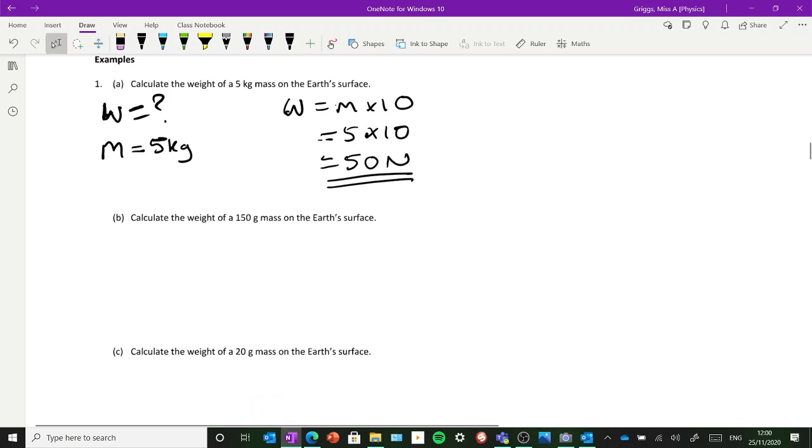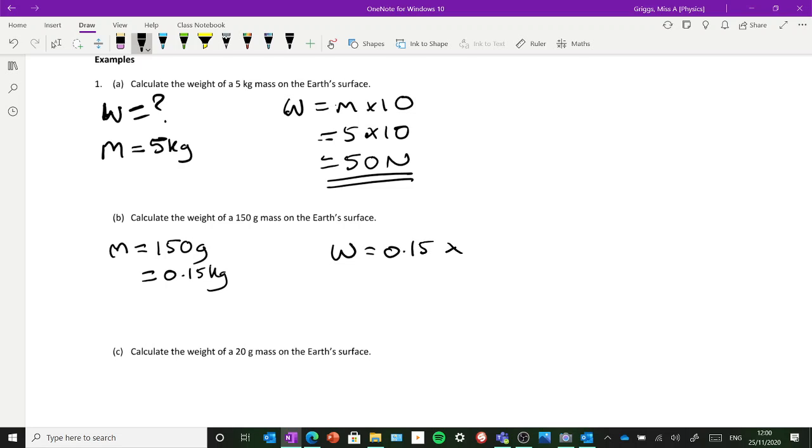Right, so I'll put up the answers so you can check as you go along. And if you get any of the answers wrong, please let me know and then we can talk about them. So part B, you should have the mass is 150 grams, so 0.15 kilograms. So the weight is 0.15 times 10, which is 1.5 newtons.